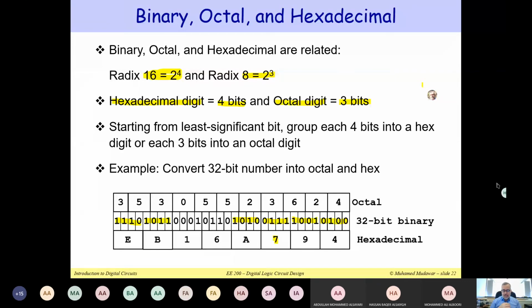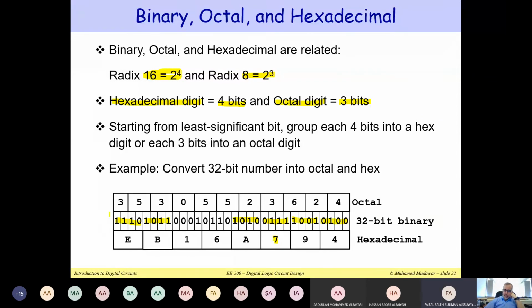Doctor. Yes. In the 32-bit binary, do we have a least and most significant bit? Okay, somebody is requesting control. Say that again one more time. What's your question again? We have 33-bit binary, right?